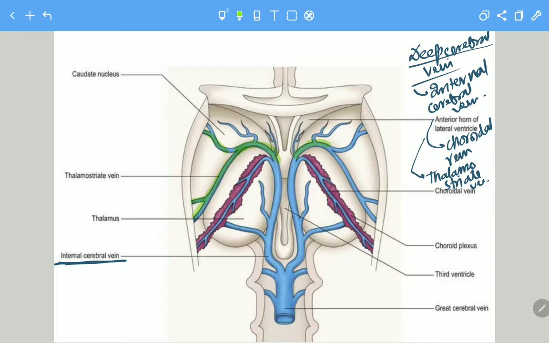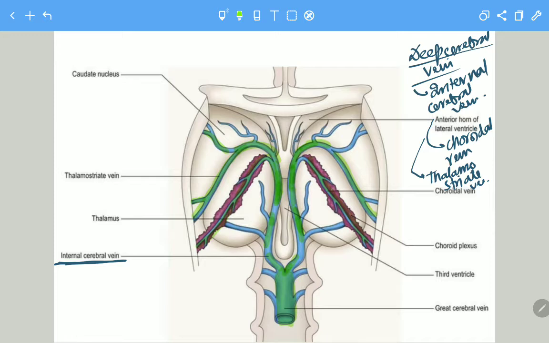These two veins, the choroidal vein and the thalamostriate vein, join to form the internal cerebral vein, and the internal cerebral veins are present one on each side of the midline. So there is one pair of internal cerebral veins which join together to form the great cerebral vein.